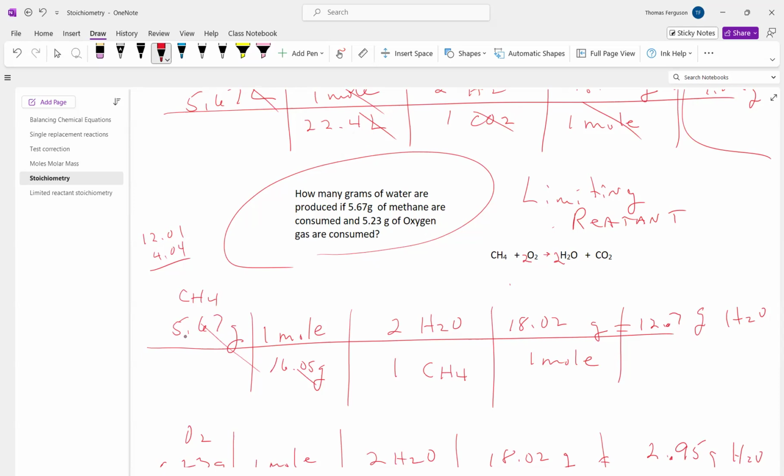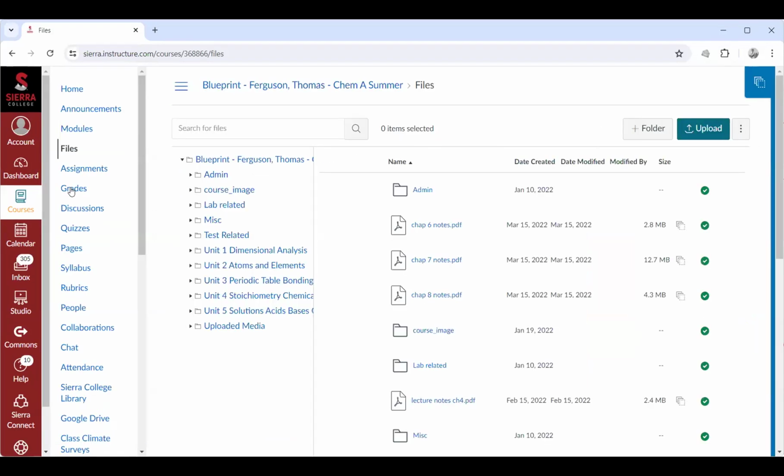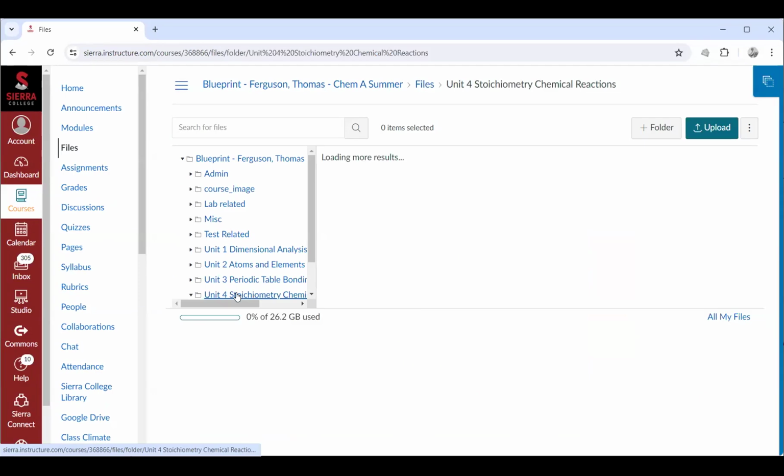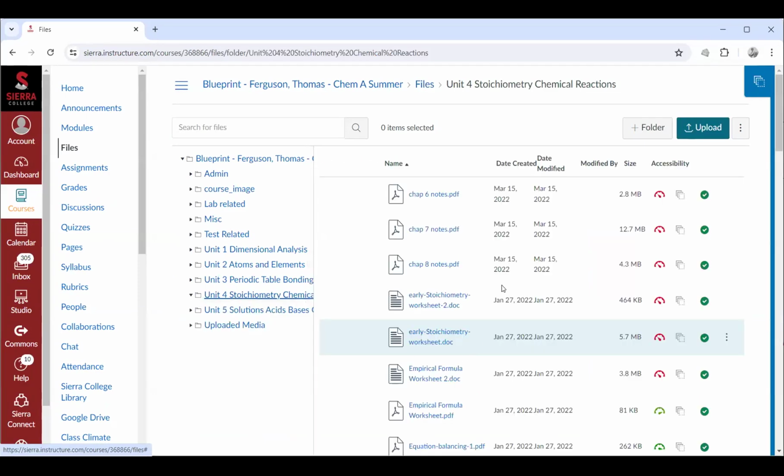One thing I'm going to show you is extra practice. If we go to Unit 4, stoichiometry, these are extra worksheets.